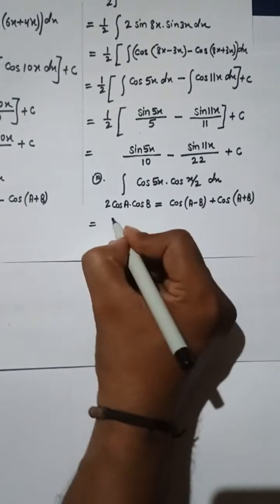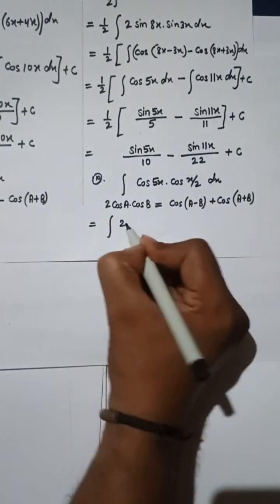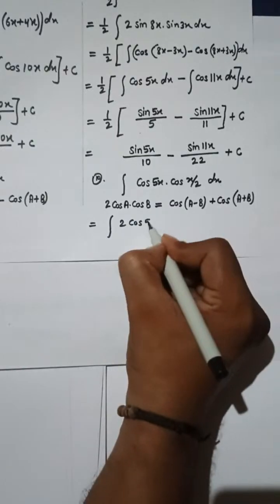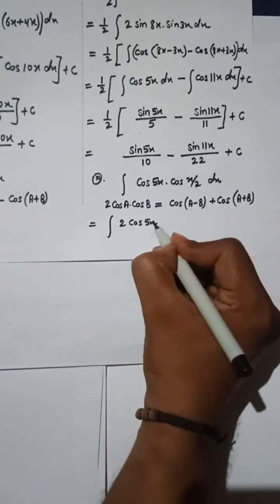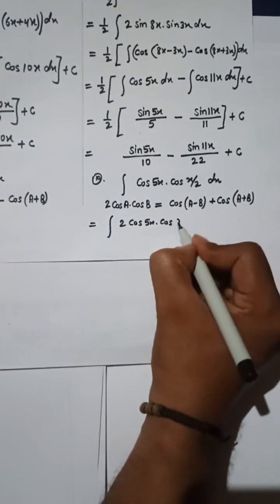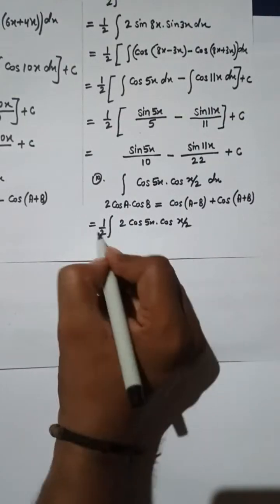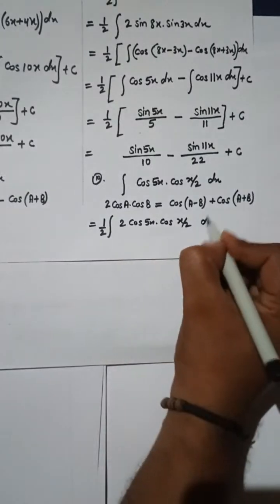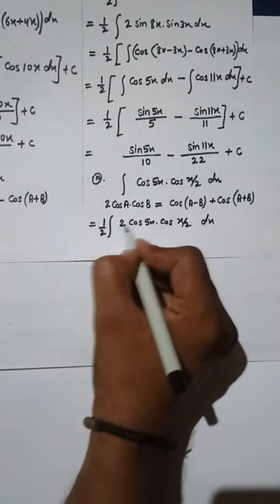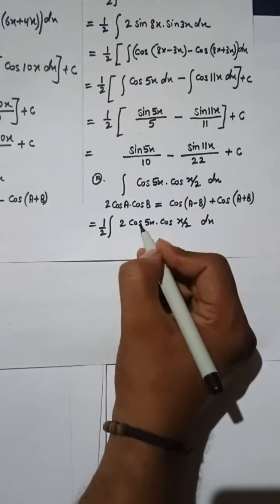So we have 2 cos 5x into cos x by 2, and the 2 I'm just going to divide and put outside as 1 by 2. So we will have this term, and we can easily transform it into this.